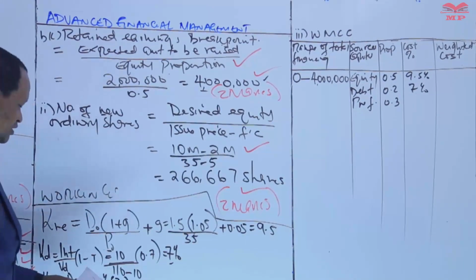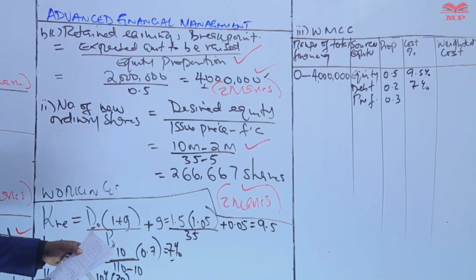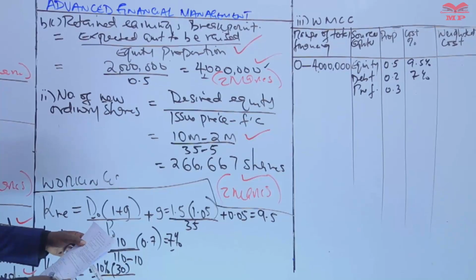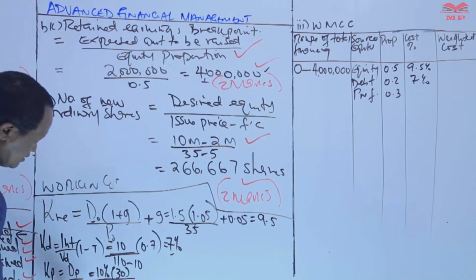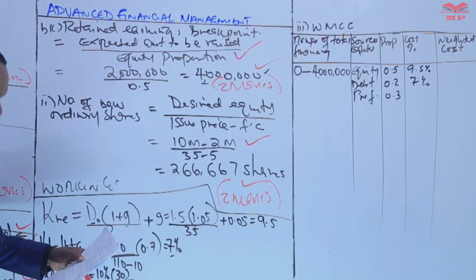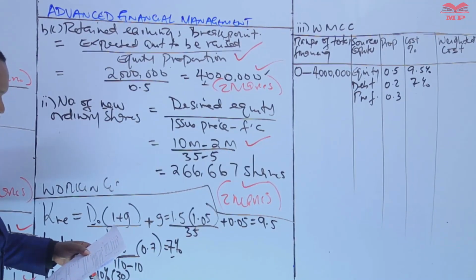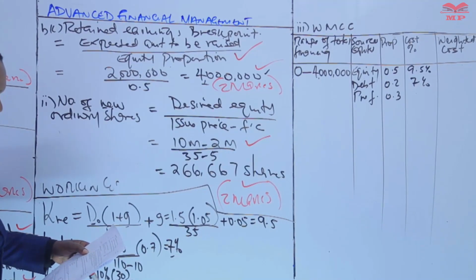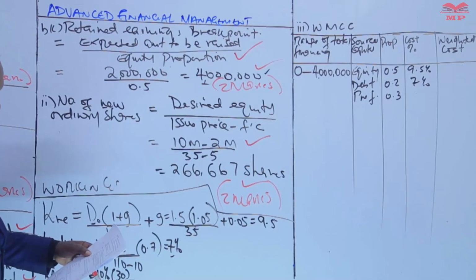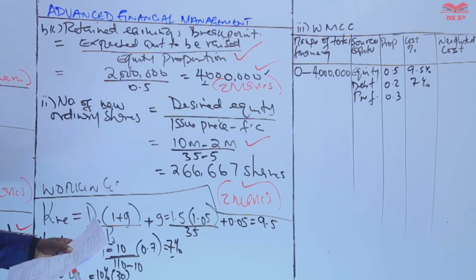Then what is the market value of this share? Do we have it? The par value is 30. We are not told that the price increased.